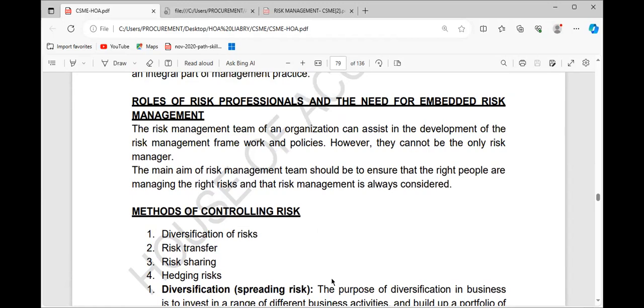Now, what are the methods of controlling risk? There are different ways of controlling risk. The first one is diversification of risk. How do we diversify the risk? For example, your company is into selling of raw material, or let's say the company is into selling of clothes, dresses, shoes, and the like.